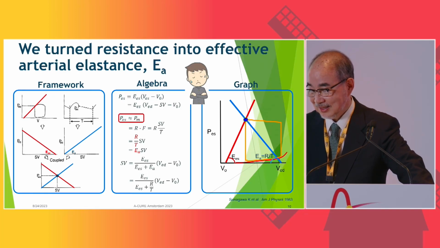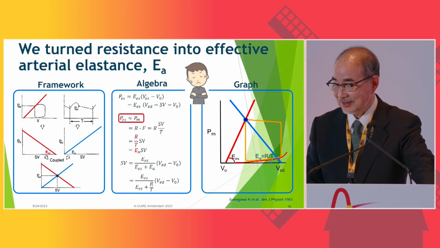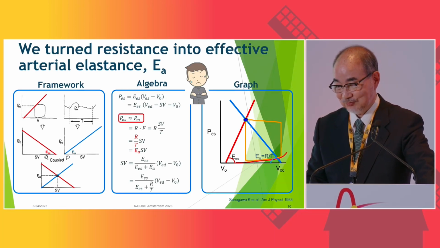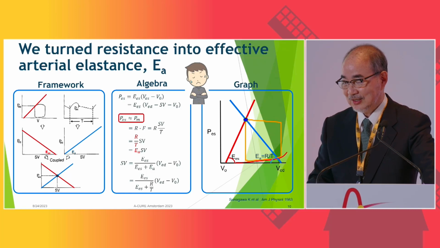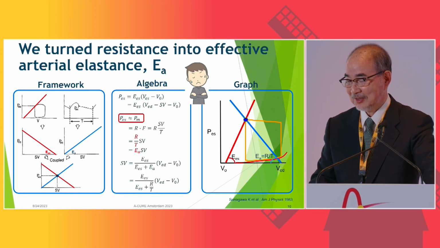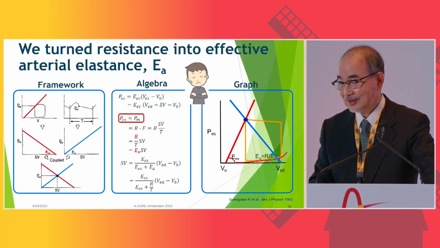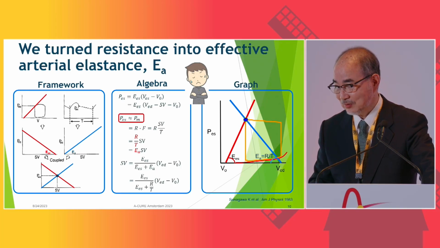Then mean pressure is a product of flow and resistance. And the flow can be transformed into stroke volume divided by one cardiac cycle. So you can get the second equation.